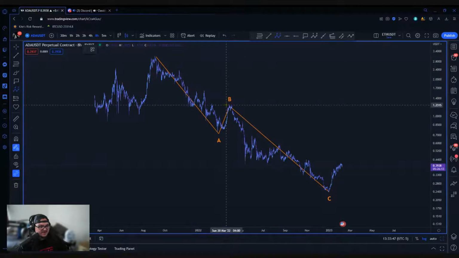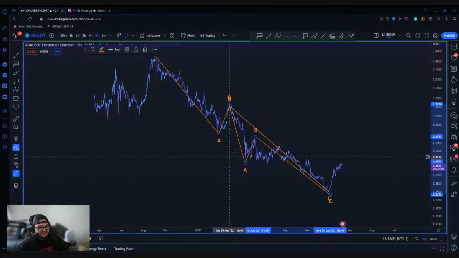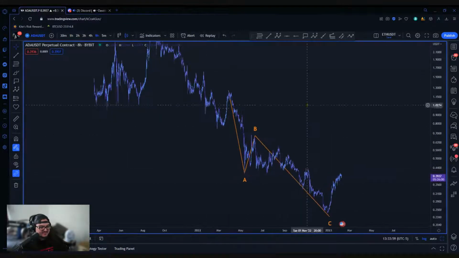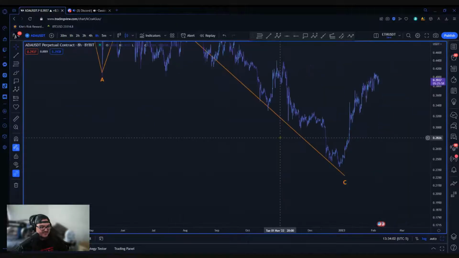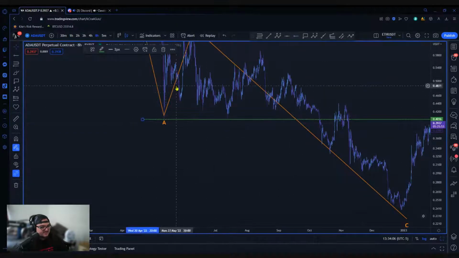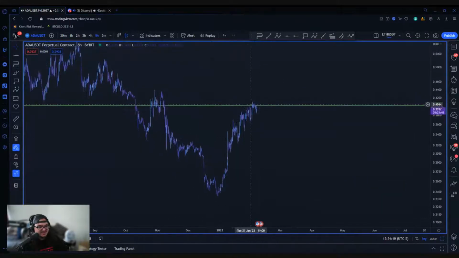This is what I'm primarily going off of, and you have another ABC within the C. Keeping that in mind, I stick to the pivots of this ABC, and at the moment we have this as the main pivot line. As long as ADA is above 4016, that's a macro level for me.